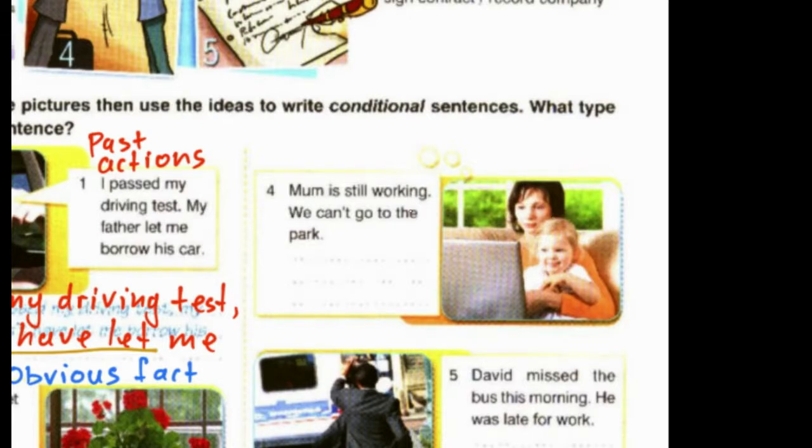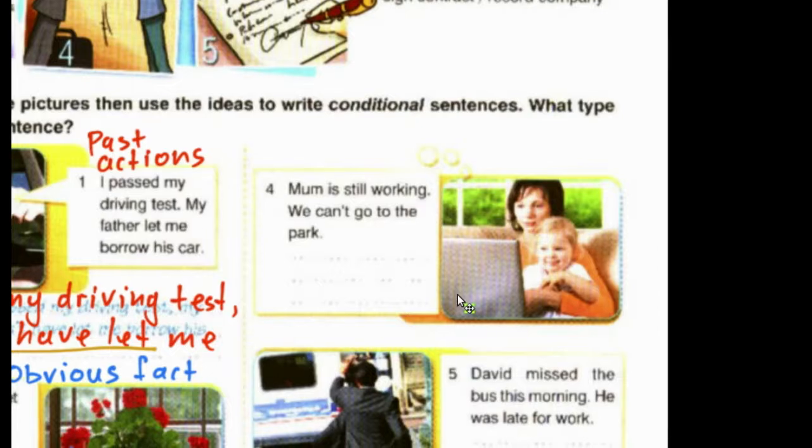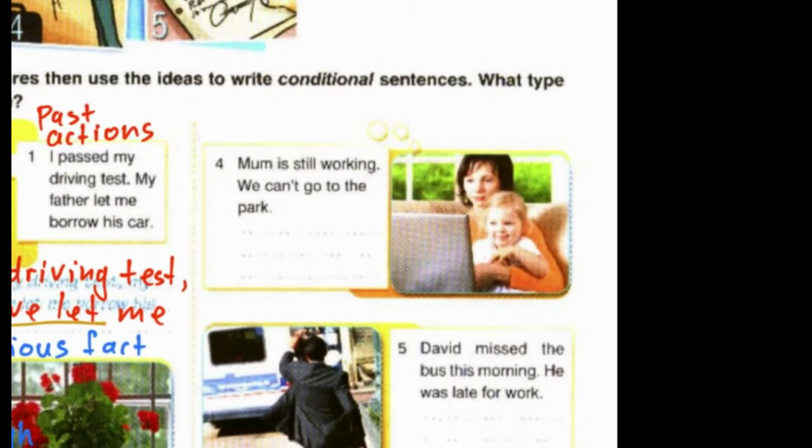Okay, what about number 4? Mom is still working. We cannot go to the park. So here we have another present action. But here is a trick, because we talk about some desirable situation, about something we want, but it's impossible to have here. So maybe this little kid just wants to go to the park, but it's impossible now because mom is still working.